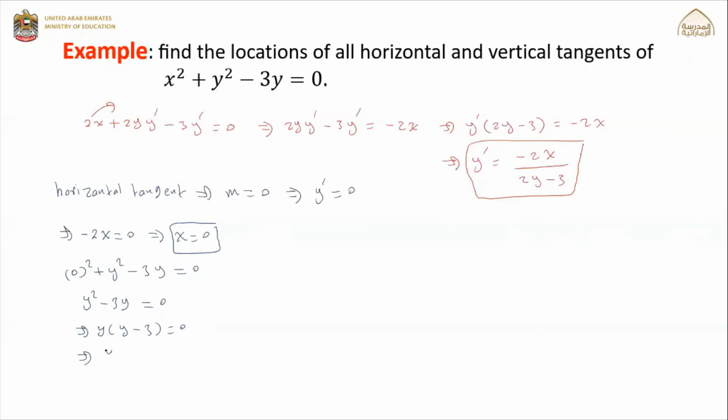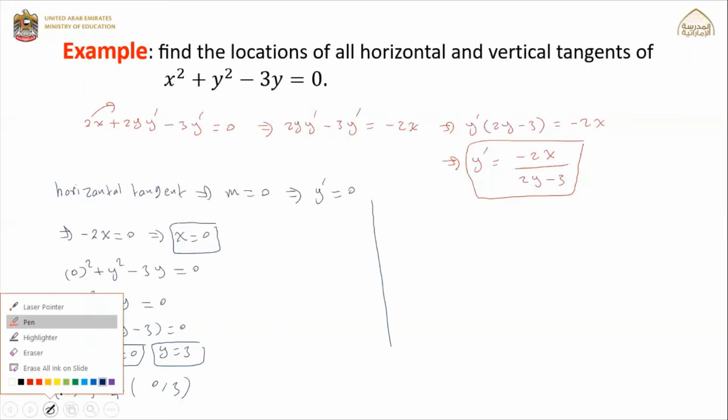So I can find the value of y, which is 0 and 3. So I have horizontal tangent at 2 points. The first point is (0, 0) and the second point is (0, 3). So the horizontal tangent for this curve will come 2 times, at the point (0, 0) and the point (0, 3).